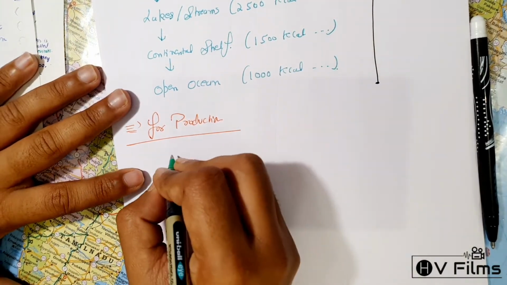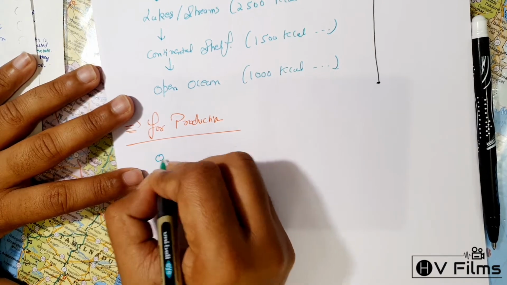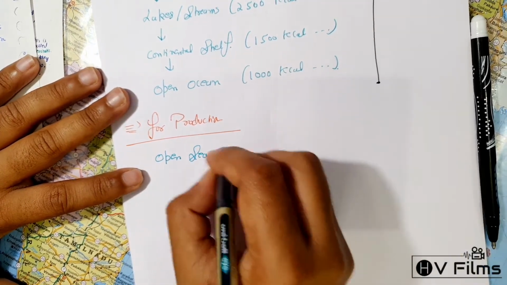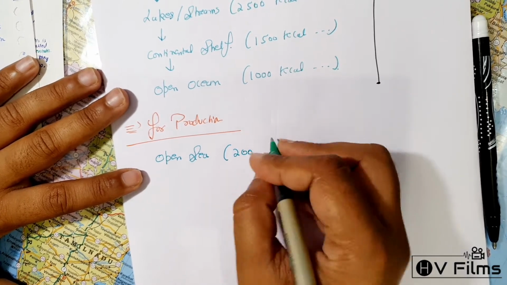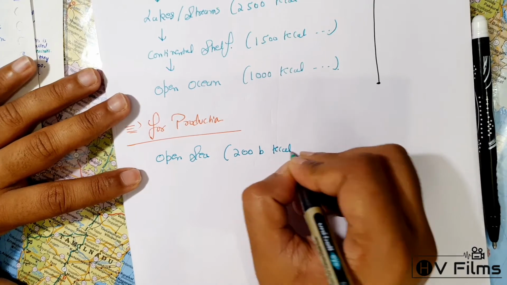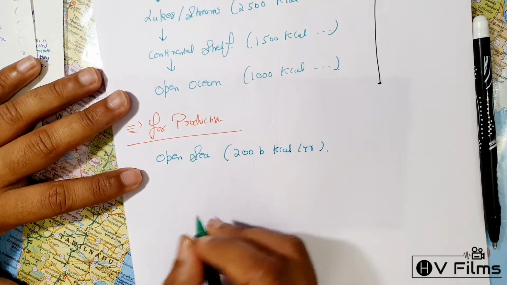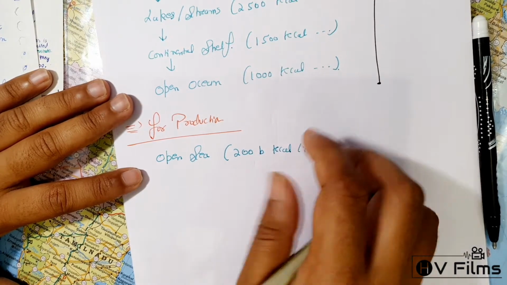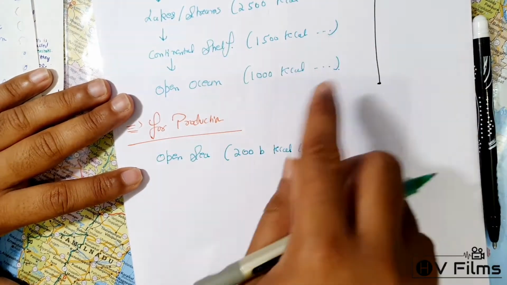It goes starting from open sea, that is basically 200 billion kilocalories per year, right? We won't write meter square here, because this is production. In productivity, we write meter square per year.